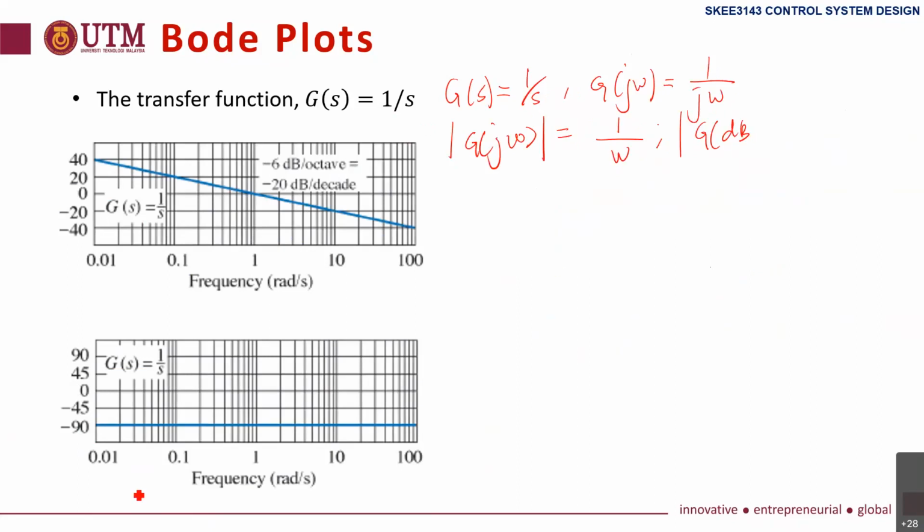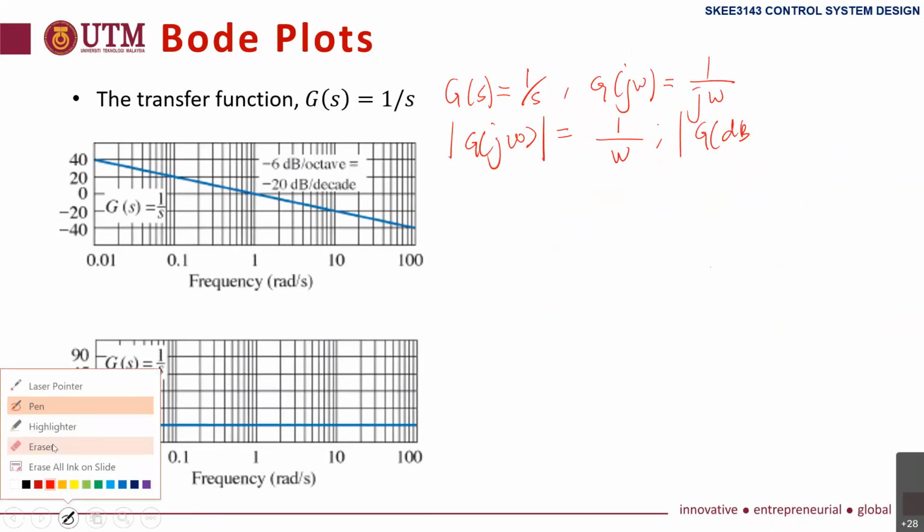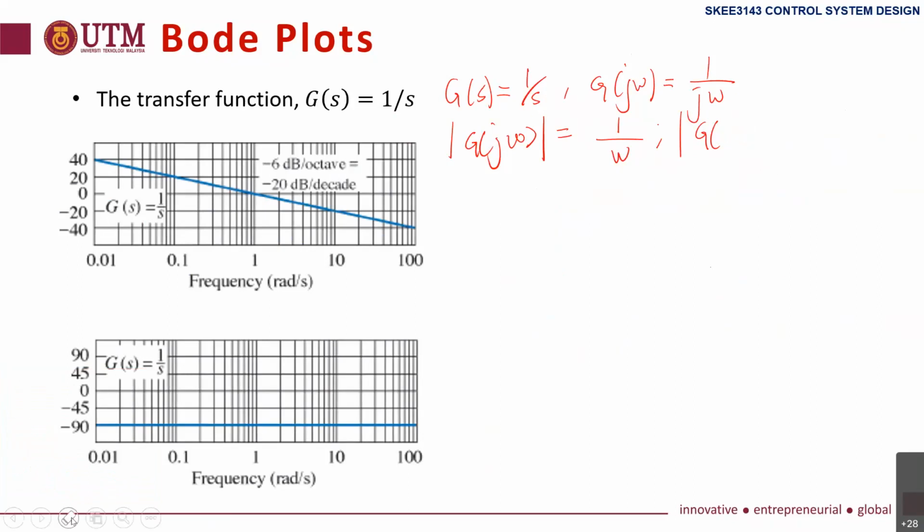In decibels, dB is 20 log of 1 over omega. 1 over omega is omega to the negative 1. Why did I put omega to the negative 1?